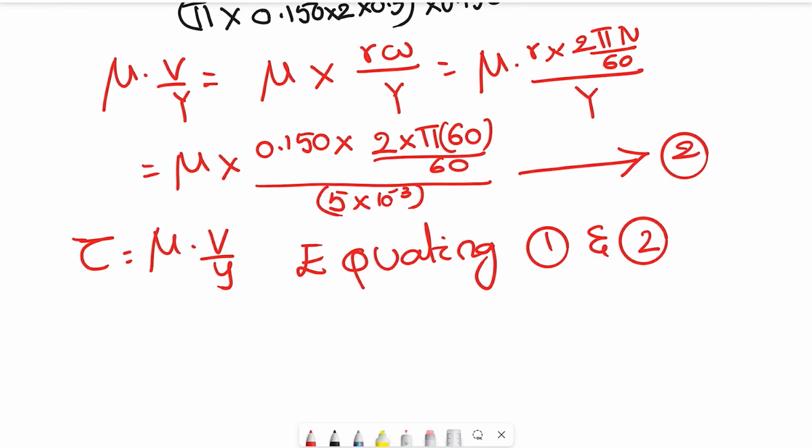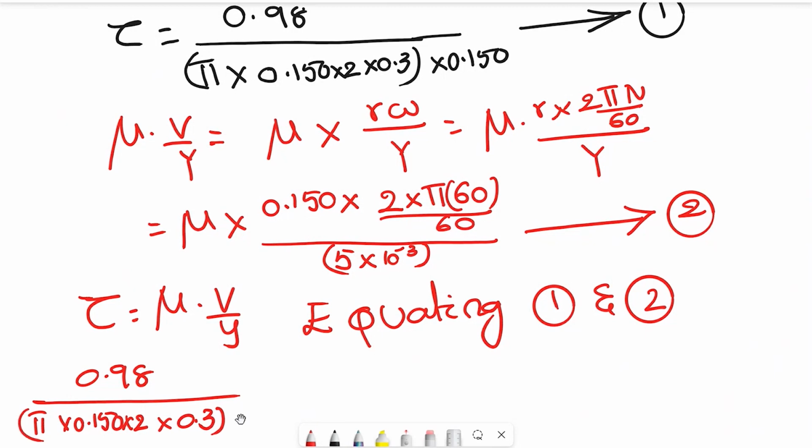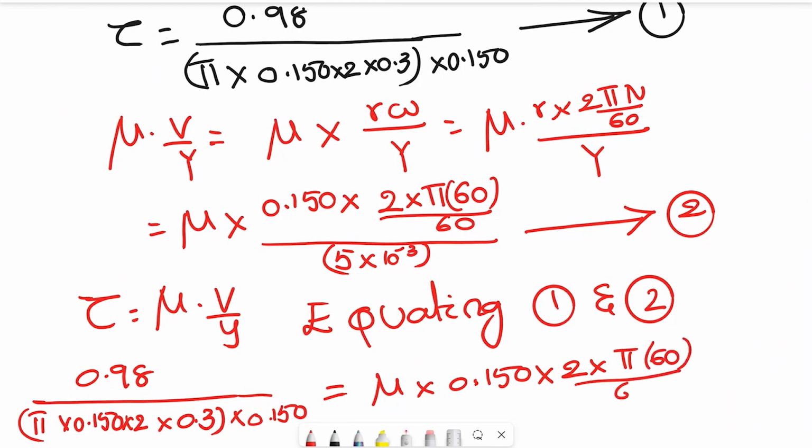The first one is 0.98 divided by pi into 0.150 into 2 into 0.3 into 0.150 is equal to mu into 0.150 into 2 into pi into 60 by 60 divided by 5 into 10 to the power of minus 3.